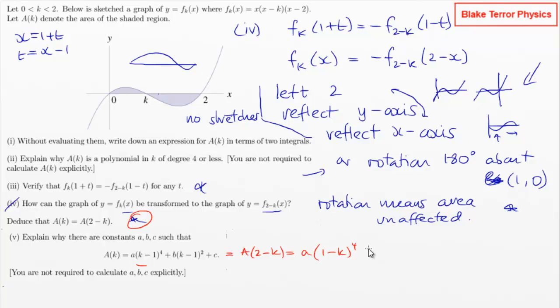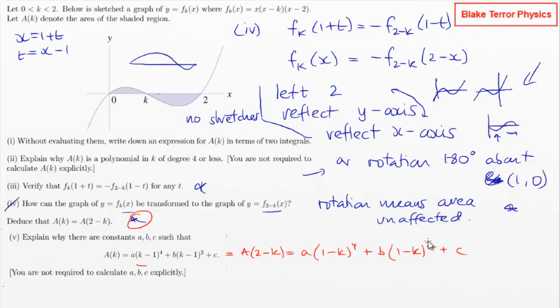And then we'd have plus b 1 minus k squared plus c. So we need to show that those things are going to fit.